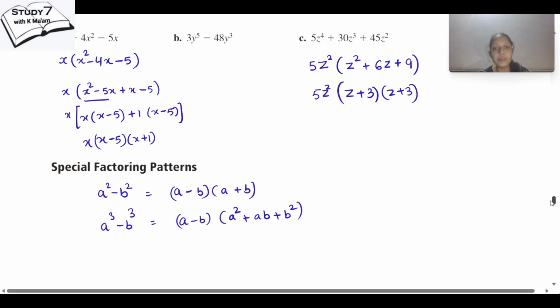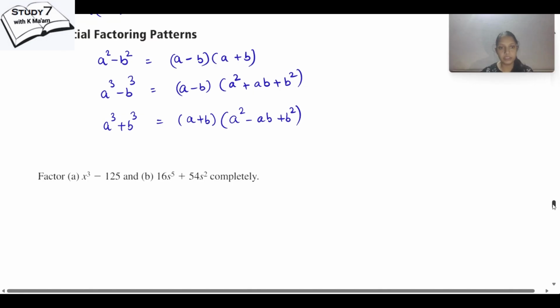It is possible you can take a constant term out from this, but not any other factors. It remains this. A cube plus b cube can be written as a plus b as one factor, a square minus ab plus b square as another factor. Similarly, this is not factored again. It is already factored and you can take just a constant term out from this if possible in some cases. Okay.